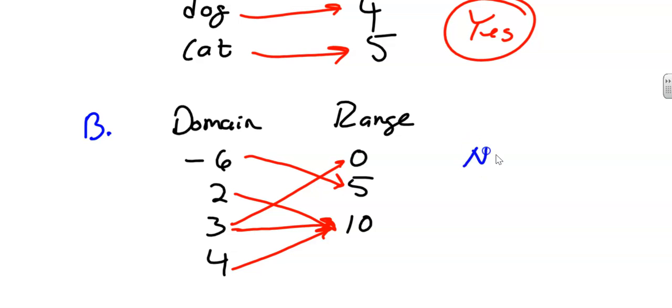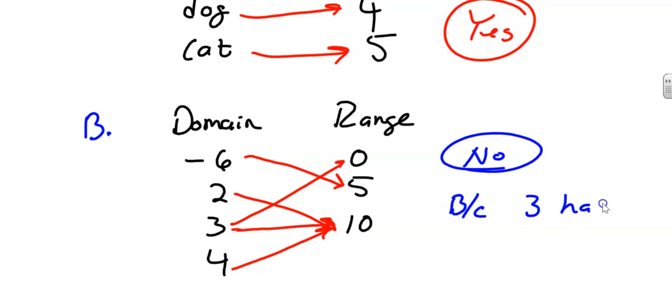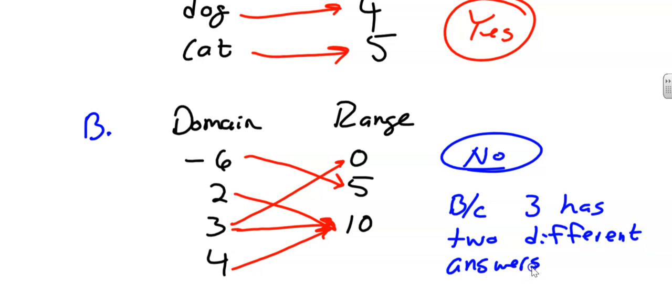So this one would be a no. And again, the reason why is that 3 in the domain goes with 0 and 3 goes with 10. Three different answers drawn to the range.